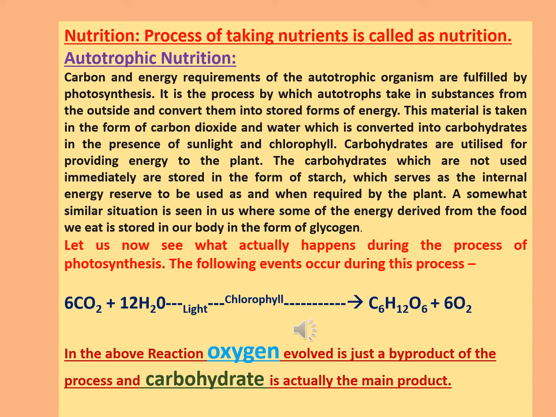The products can be categorized in two parts. First is the carbohydrate, which is the main product, whereas oxygen evolved during the process is considered a byproduct of the photosynthesis reaction.